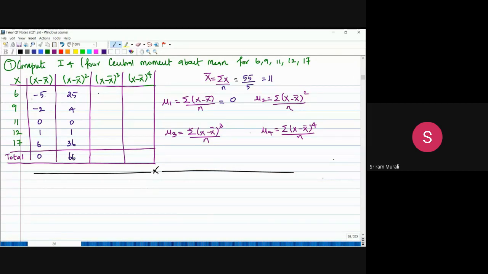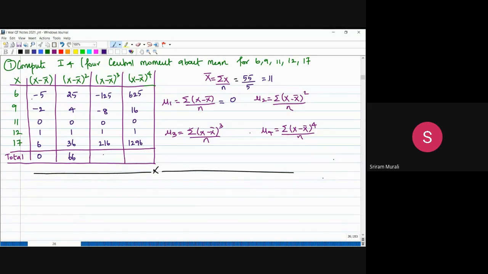Just cube. It is minus 125. I mean minus 5 cube, minus 2 cube, 0 cube, 1 cube, for the third. 6 cube will be 216. Last one, power 4. Minus 5 power 4 is 625, this is 16, it is 0, it is 1, 6 power 4 is 1296.